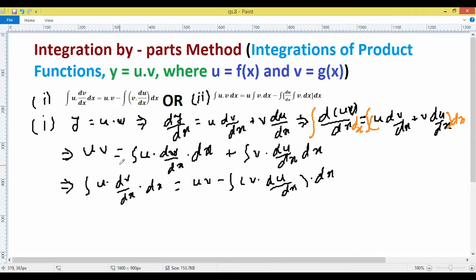Alright, so we have got the first formula, which is called the integration by parts formula, and also the integration of product functions.